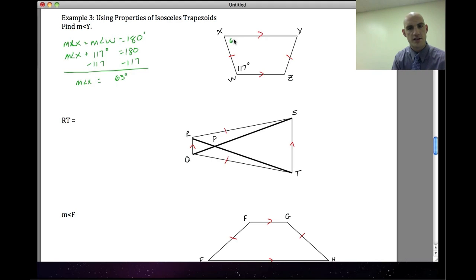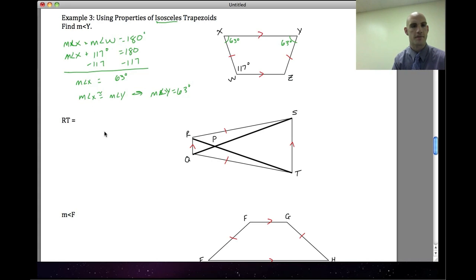And so this is 63. We don't necessarily want X, but we know that because this is isosceles, angle X is congruent to angle Y, so the measure of angle X is congruent to the measure of angle Y. The measure of angle Y is 63 degrees. Okay, so we used another base angle to solve for the measure of that angle.